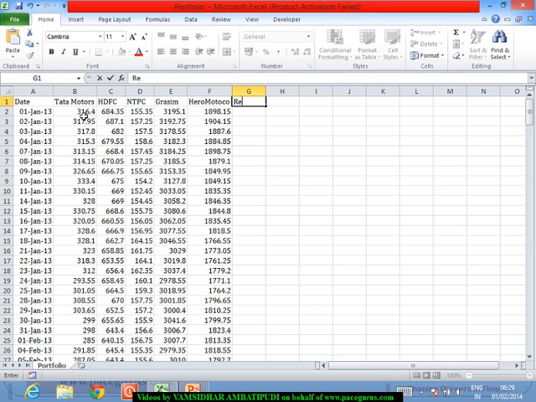So I'll create new columns: returns Tata Motors, returns HDFC, returns NTPC, returns Grasim, and I am also taking returns of Hero.